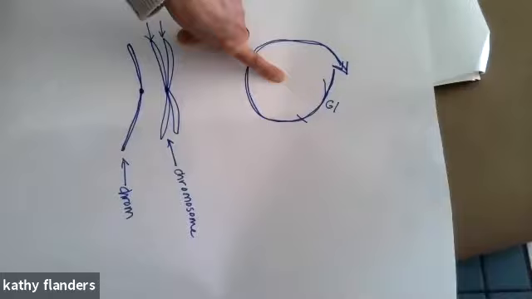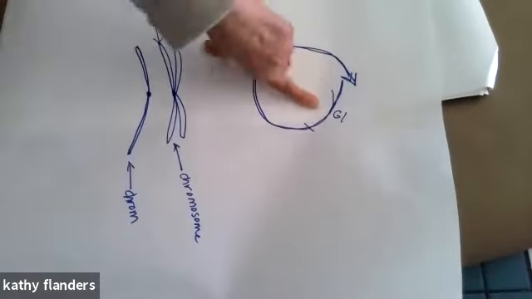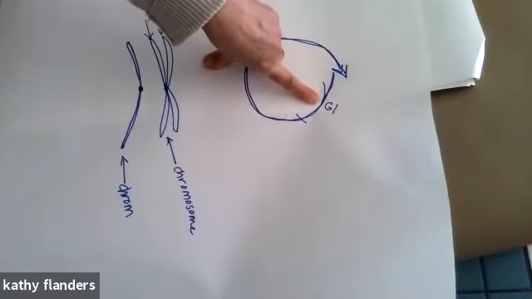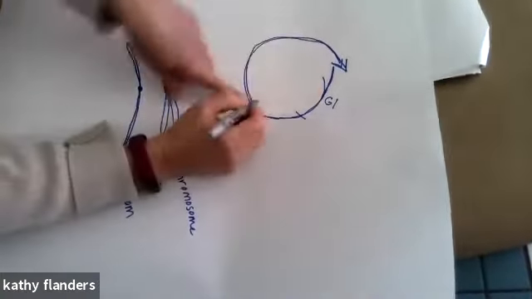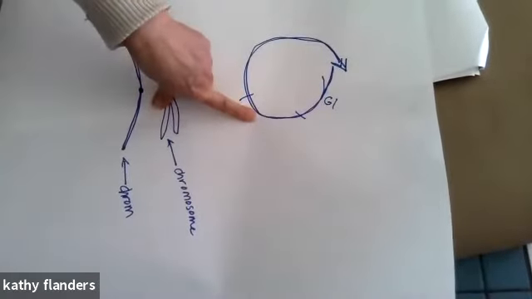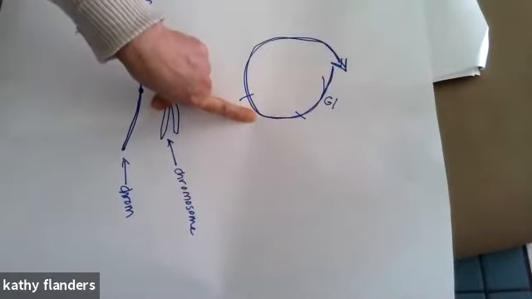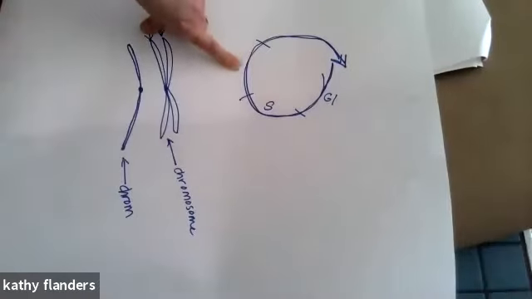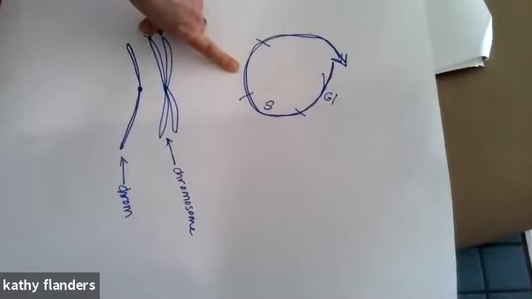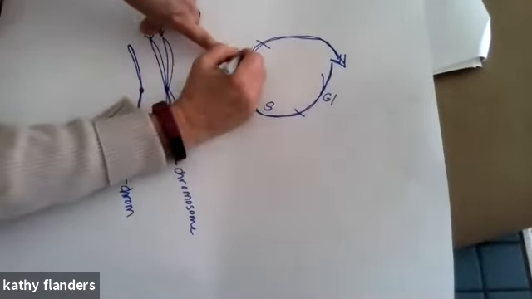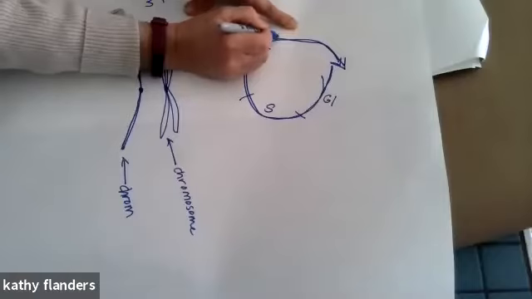Is that interphase? It is interphase, exactly. So this was gap 1, right? G1. And then what one comes next? Anybody remember? S. S. And then what comes after that? G2. G2.